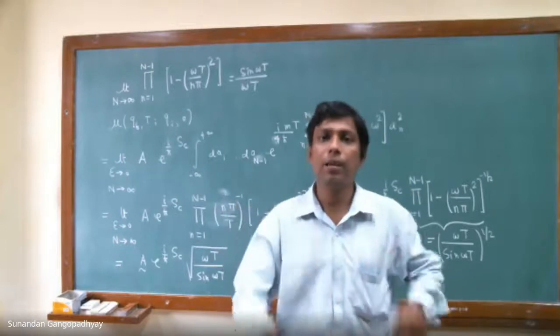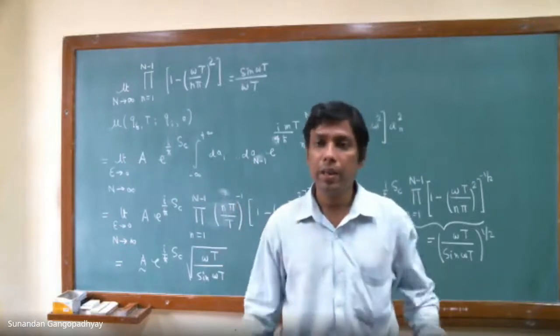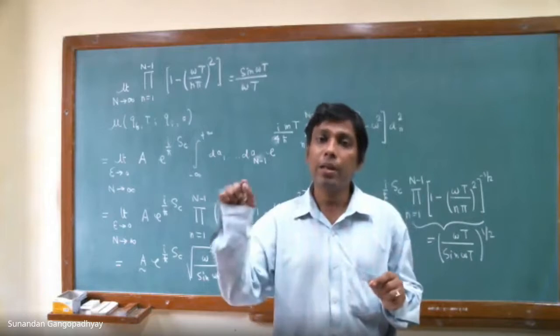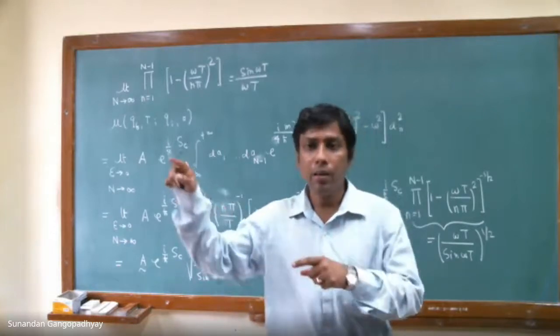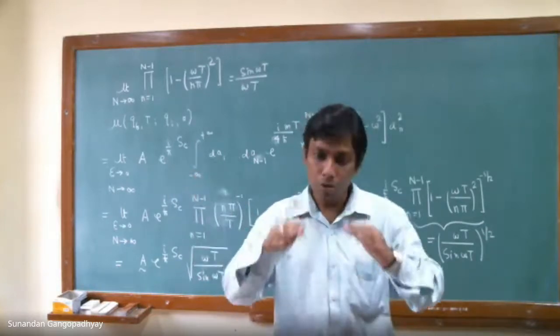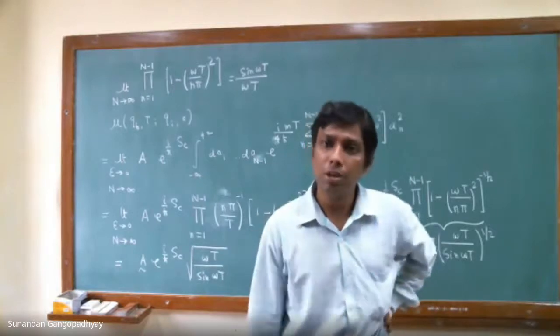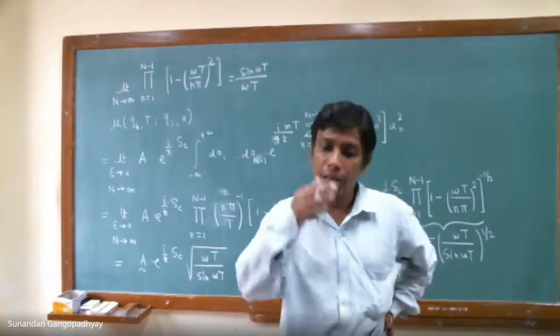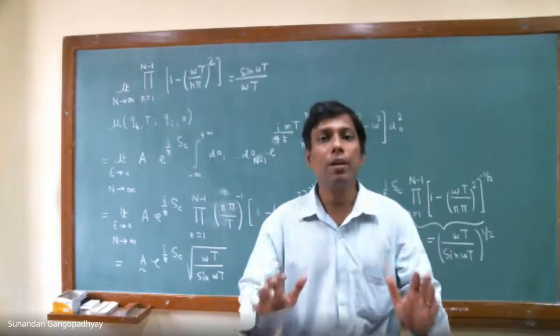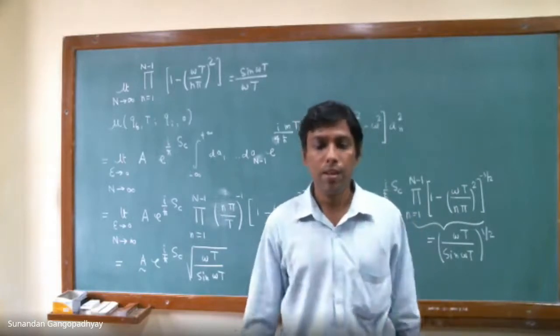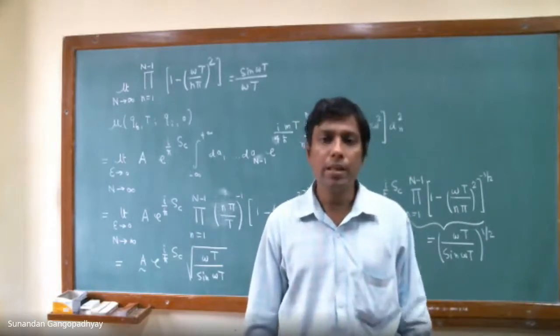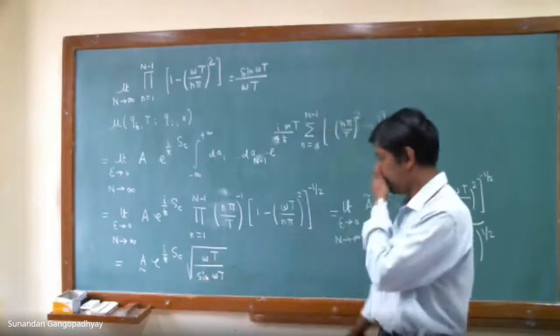You put in the values of q_c and q_c dot, which you have calculated, and do the integration, and you will get the value of the classical action. Is it clear? Please do it as an exercise at home.